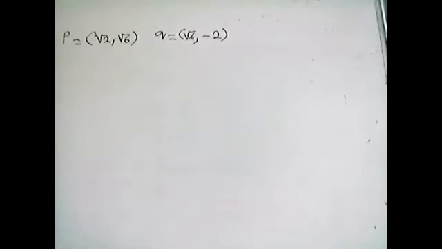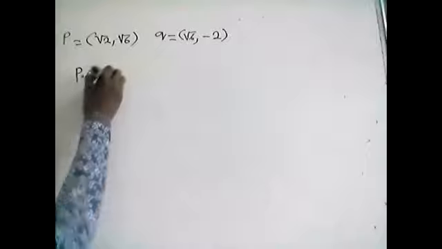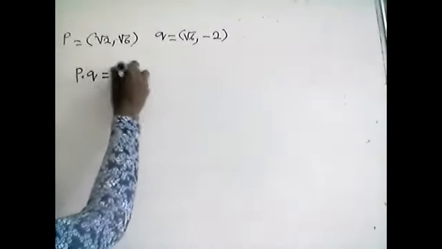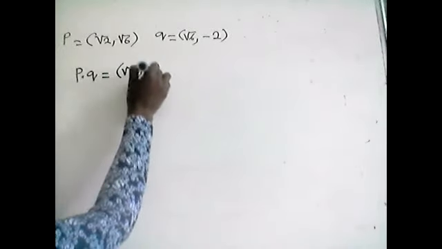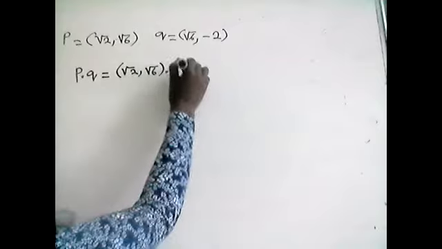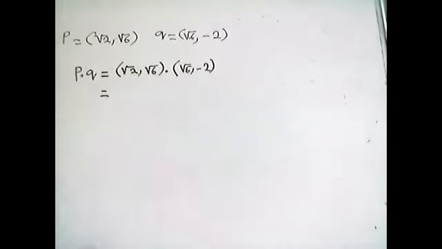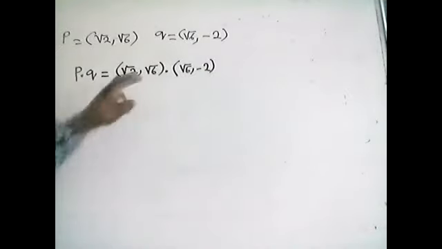They want us to find the scalar product, so we are just required to find the dot product of vector P and Q. So P dot Q is √2, √6 dot √6, -2. Here, I'll just start multiplying now.